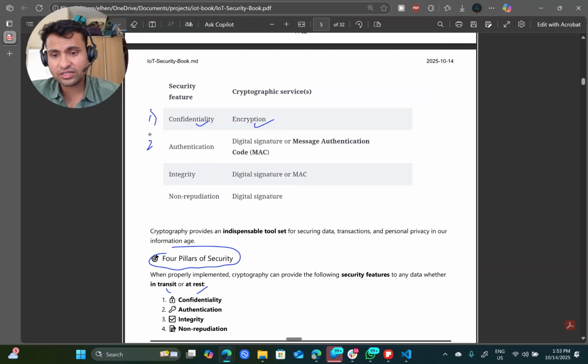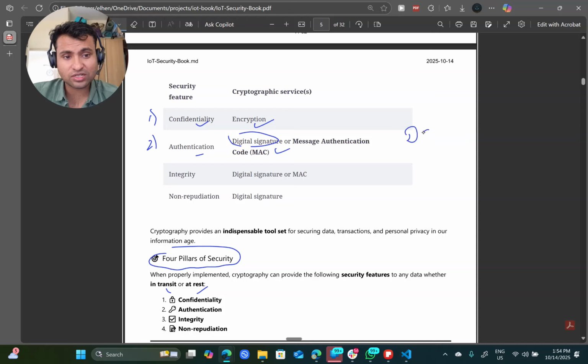Then comes authentication. Maybe whatever data is coming, I'm able to read it, but whether the sender who has sent it is actually the person from whom I'm supposed to get that message, that is authentication, and that is handled by digital signatures or message authentication codes. These days you have seen there is something known as DSC, digital signatures.